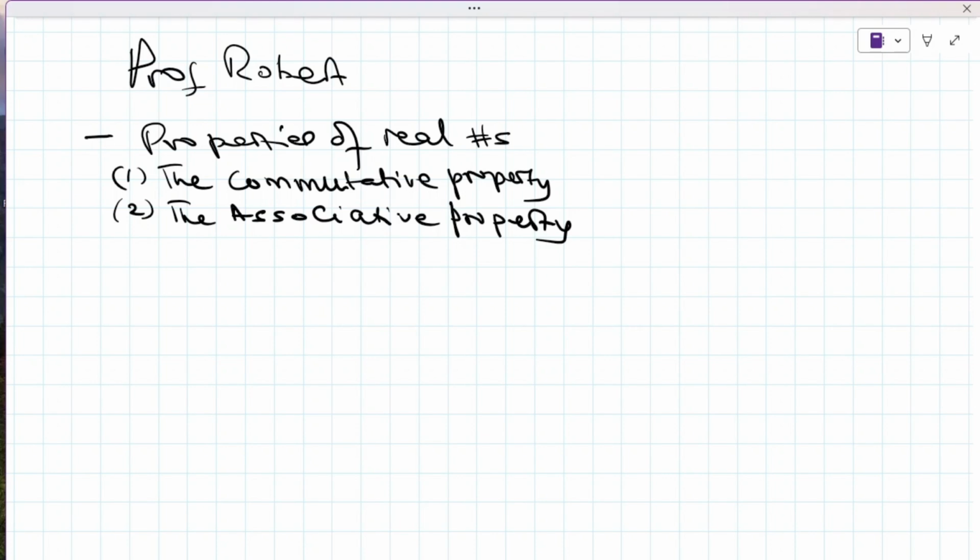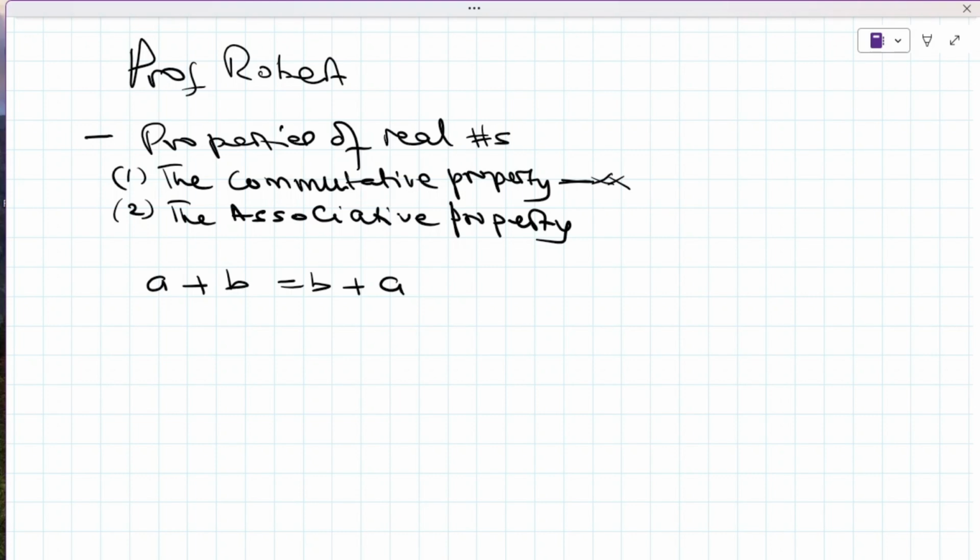The commutative property, or commutative, means you can change the order of numbers and the answer stays the same. So in other words, if you have two numbers, say A plus B, this will be the same as B plus A. So when you change the order of the numbers, the answer will always remain the same.